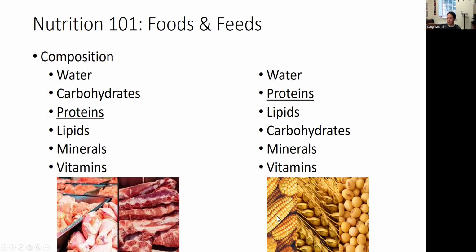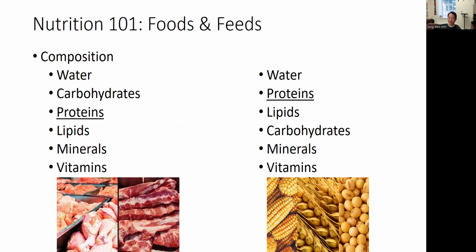If we talk about plant-derived foods and feeds like cereal grains or legume seeds like soybeans and so on, they have a high content of carbohydrates. It can be either starch or fiber, but plant tissue is high in carbohydrates. And depending on the source, it could have a very small amount of protein or a significant amount of protein.